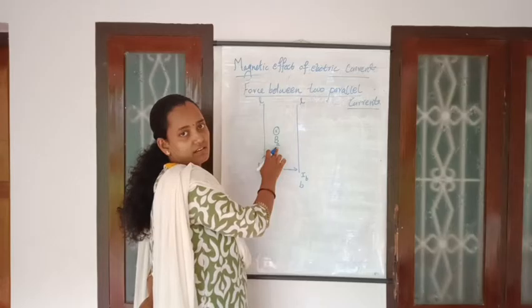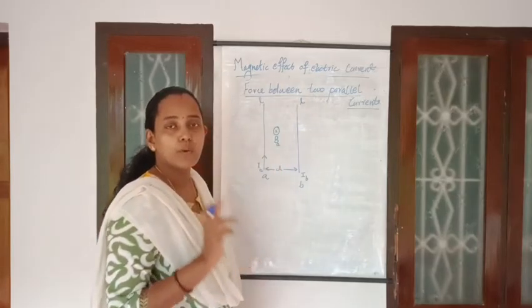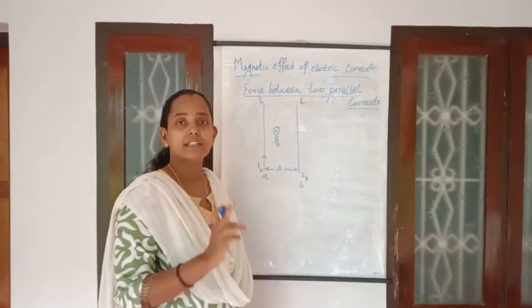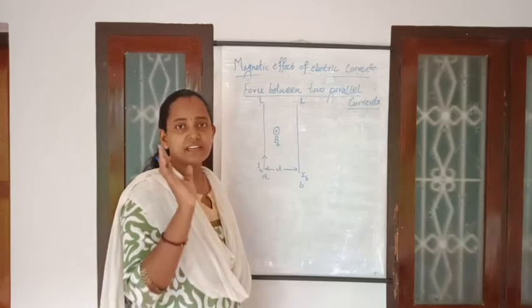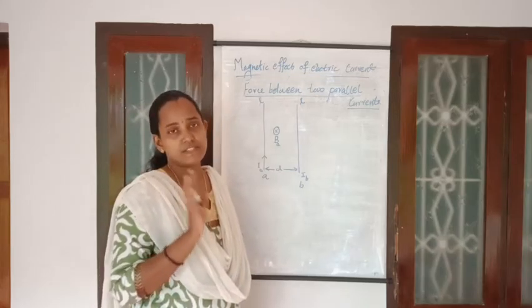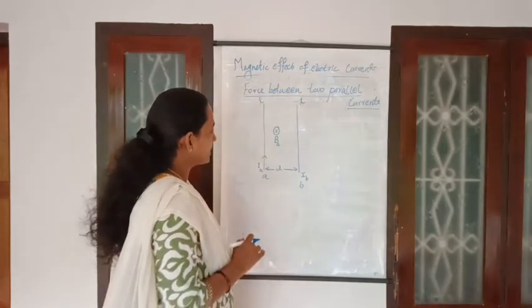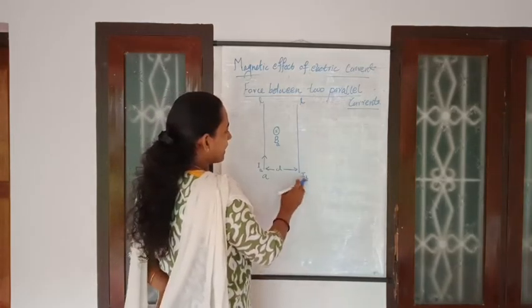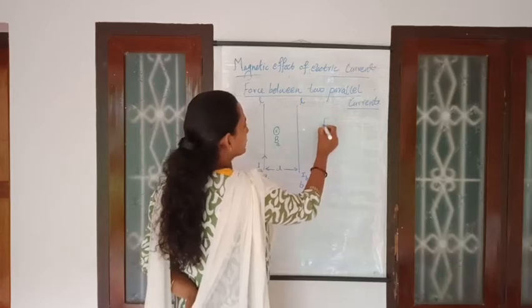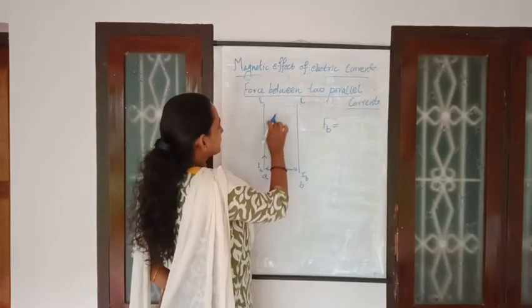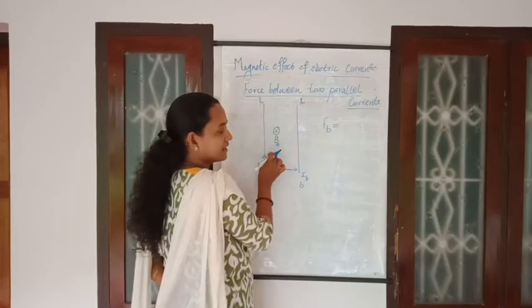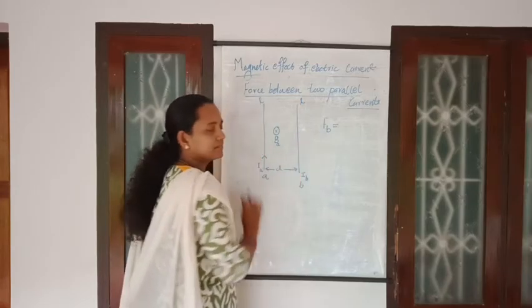We studied that whenever a current carrying conductor is placed in a magnetic field, it experiences a force, so conductor B is now experiencing a force because of this magnetic field and this current.